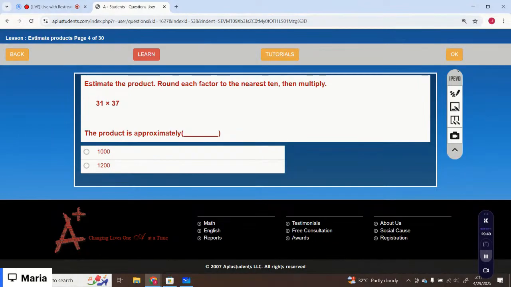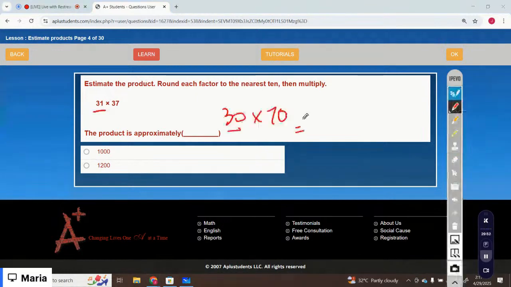Estimate the product. Round each factor to the nearest 10 and then multiply. 31 times 37. So 31 is rounded to 30 and 37 is rounded to 40.